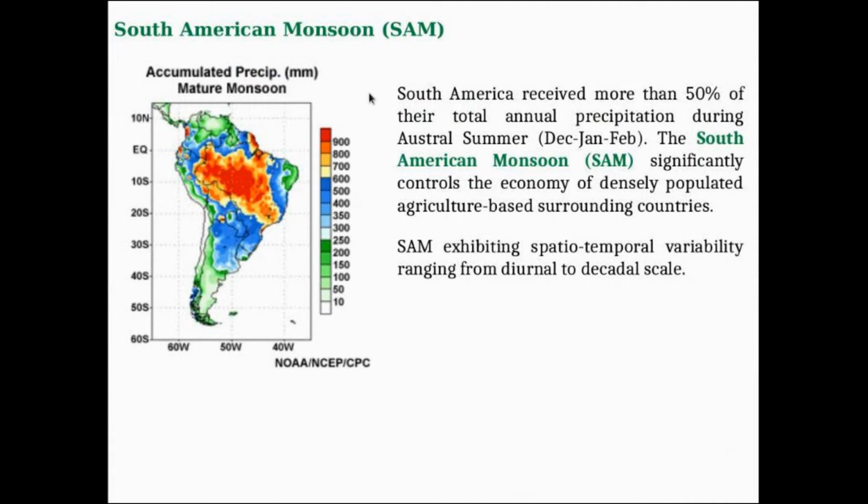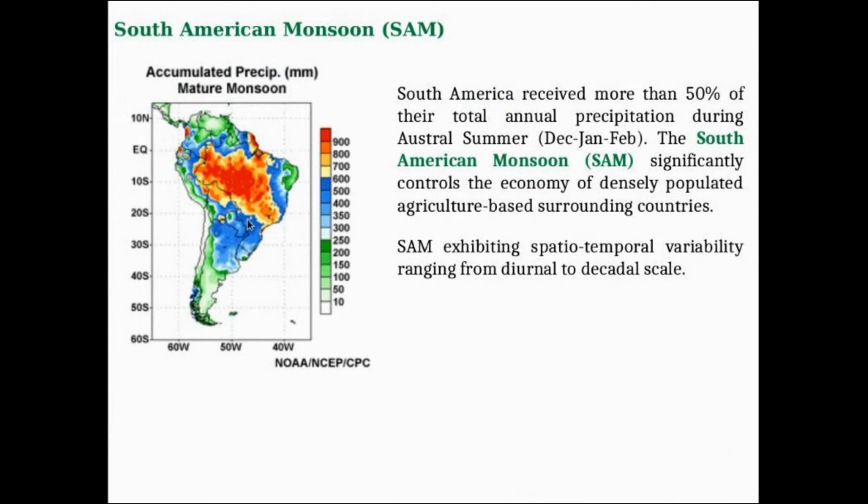The South American monsoon, also called SAM, occurs mainly in the austral summer. More than 50% of annual precipitation is received by this area of South America, and this area is strongly agricultural and also densely populated.